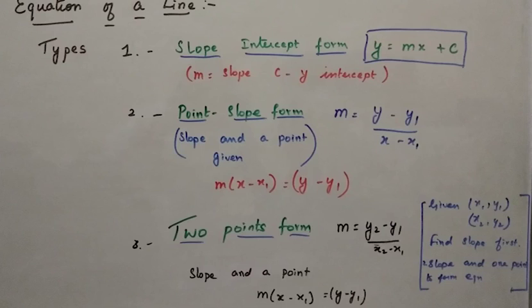Now we have the slope. Out of these two points, any one point we can take. With the slope and the point, you will get the equation m into x minus x1 is equal to y minus y1.